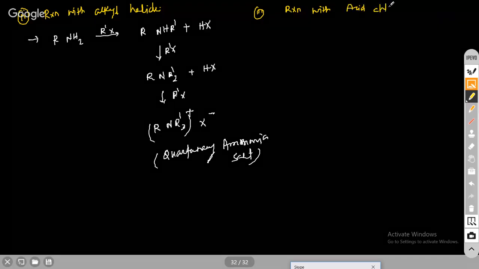What is acid chloride? Acid chloride, or acid halide, is this: C double bond O Cl. What is the suffix for this in nomenclature? What is the suffix of acid halide?